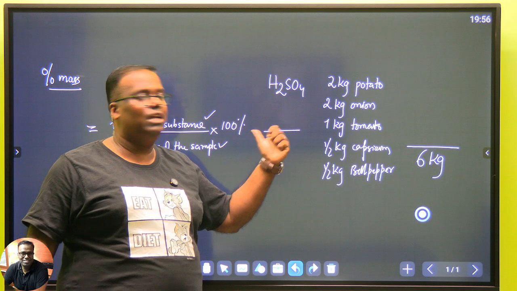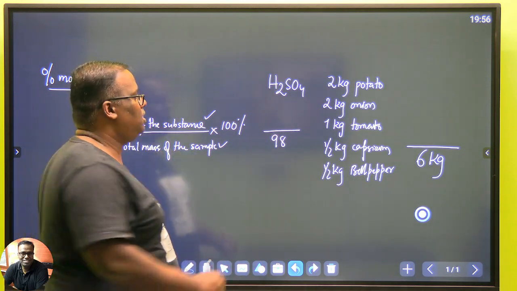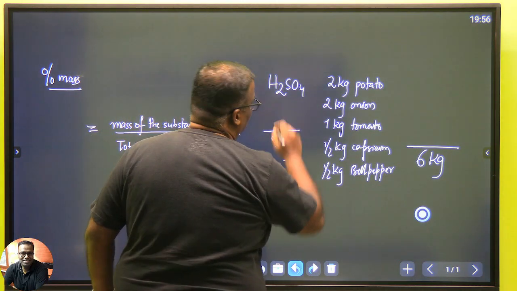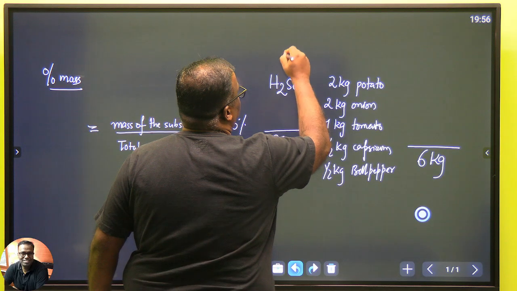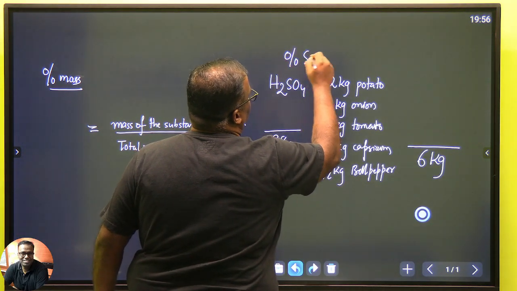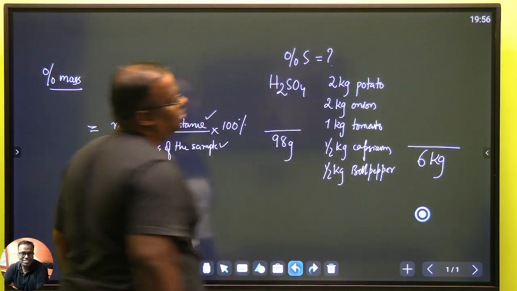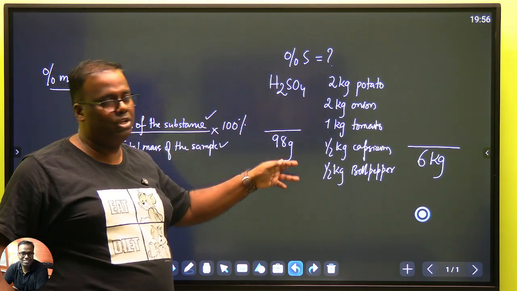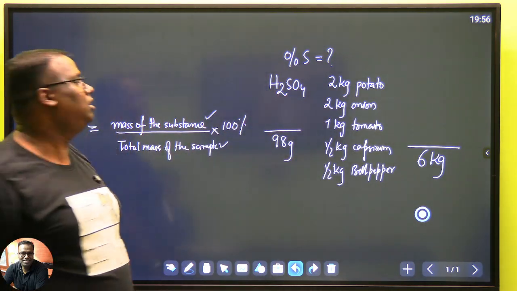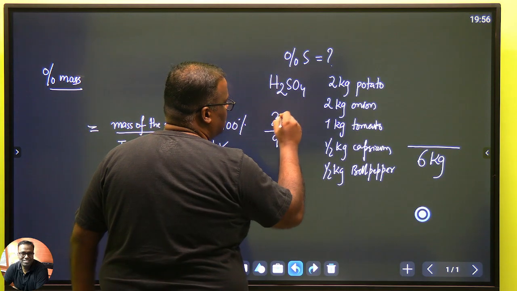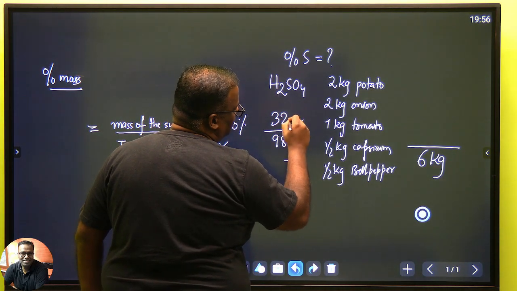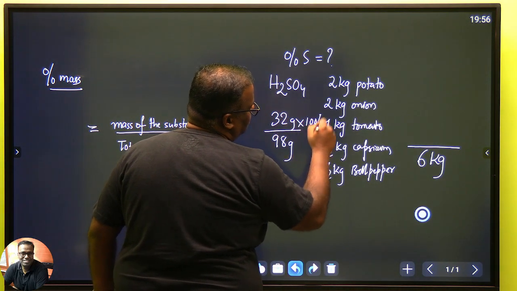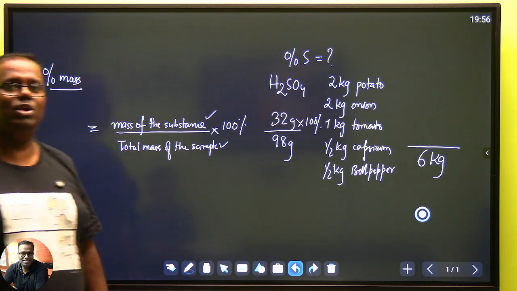कितना है? 98 grams. अभी किसी ने पूछा कि इस सैंपल में परसेंटेज सल्फर कितना है. So how much is sulfur contributing in this 98? 32. Sulfur is 32 by 98 into 100%. Did you understand?